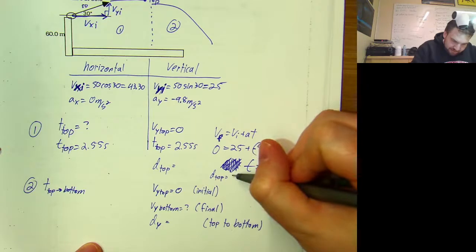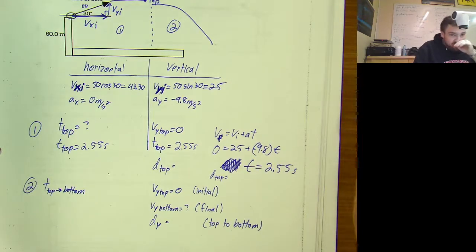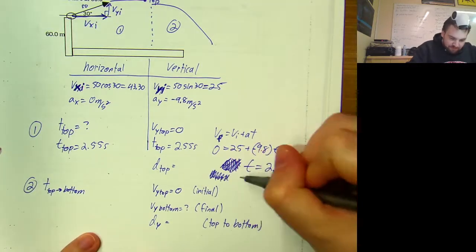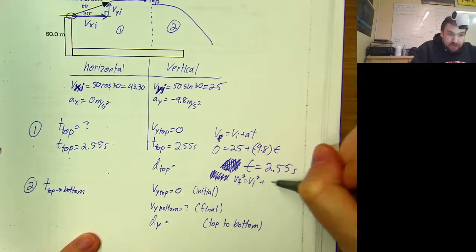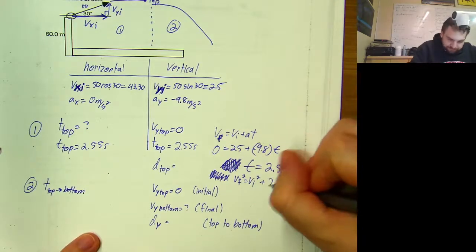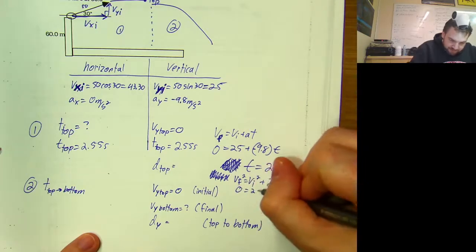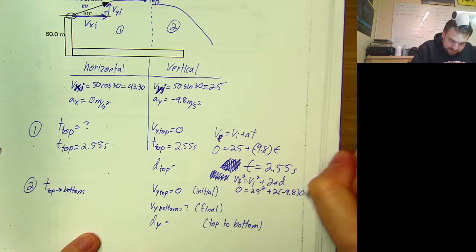Equals, which kinematic equation do I want to use here? There's a few I could use. Let's use this one: VF squared equals VI squared plus 2AD. VF squared is 0. VI squared is 25 squared plus 2 times negative 9.8D.